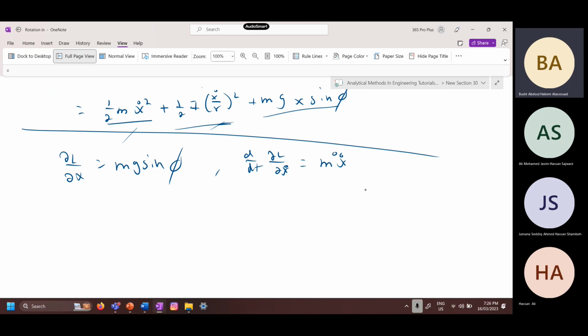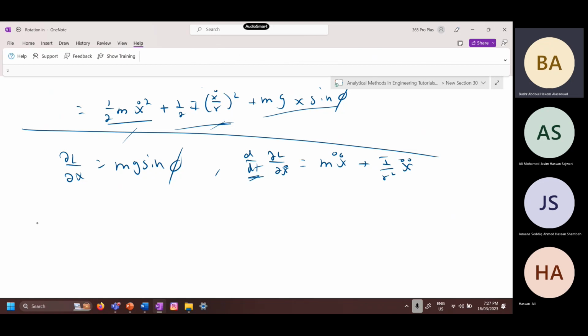And as for this term, I over r squared x double dot. We took the 2 and multiplied by 2. You know how to differentiate, you don't need me here. Then we applied the differentiation with respect to time to get double dot.